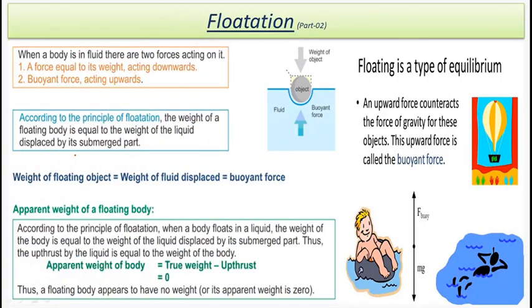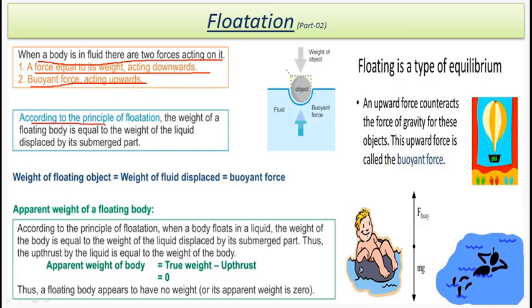Now, when we discuss flotation, we also have to understand the situation when the object is placed in a fluid. When a body is in a fluid, two forces are acting on it. A force equal to its weight, due to the gravitational pull, acts in the downward direction, whereas there is a buoyant force which acts in the upward direction, which is due to the liquid pressure.